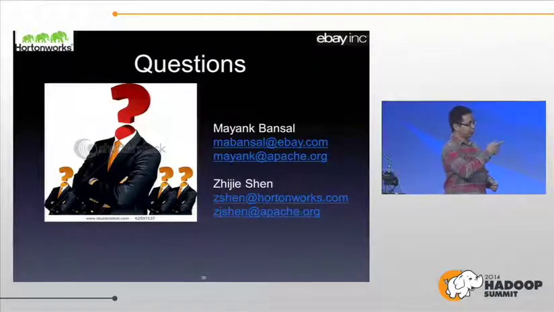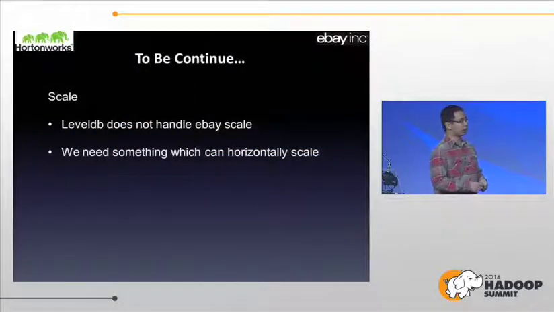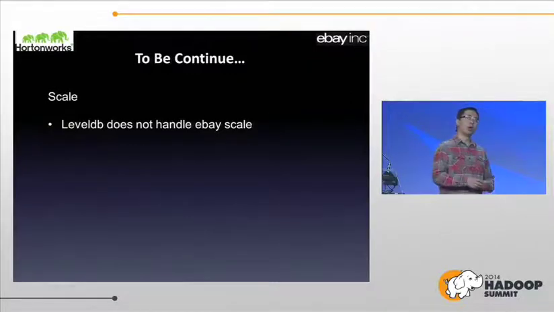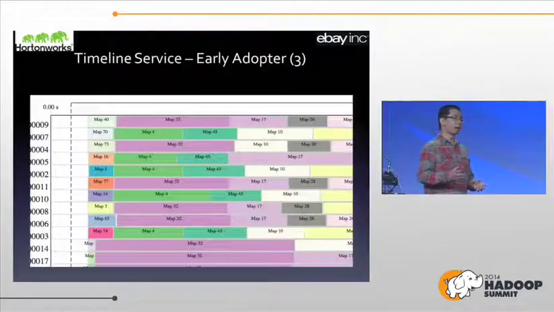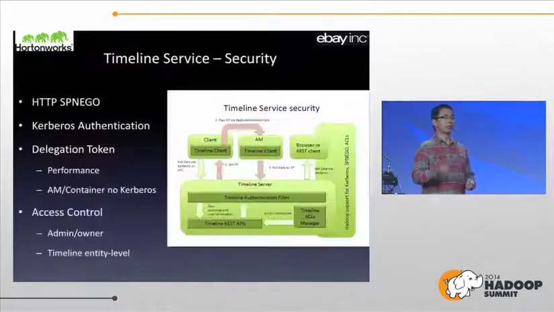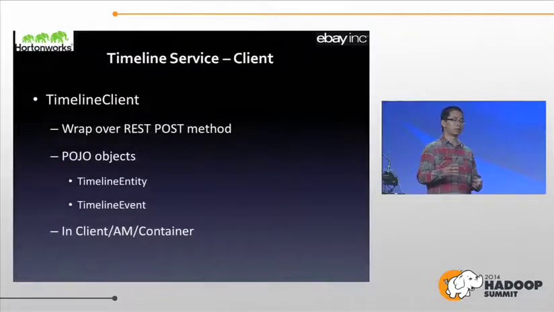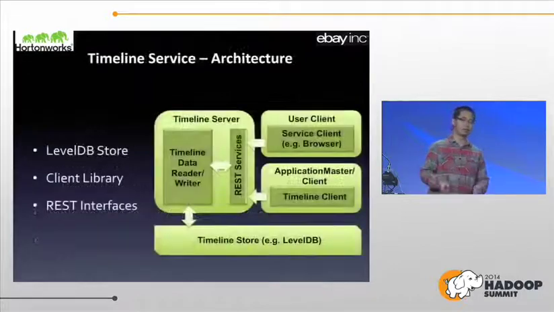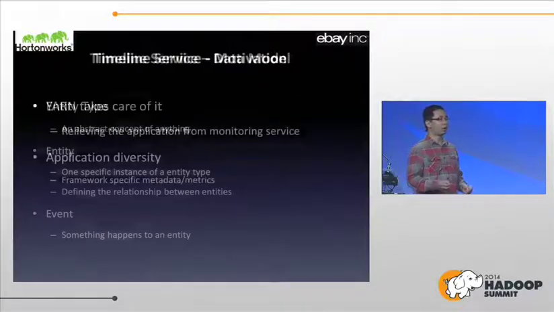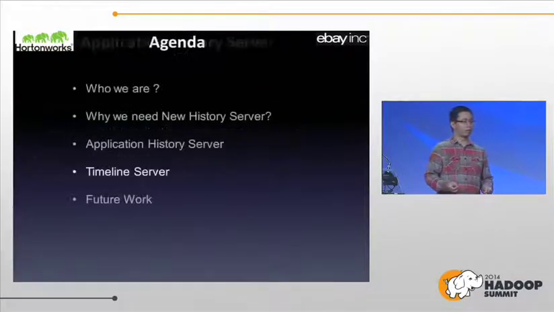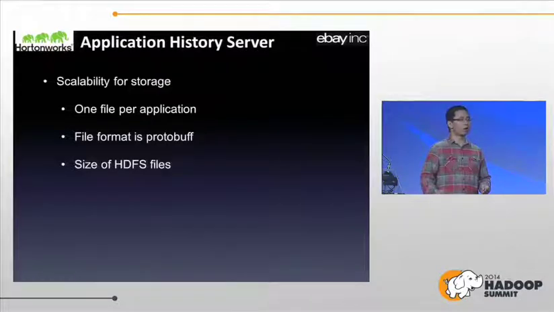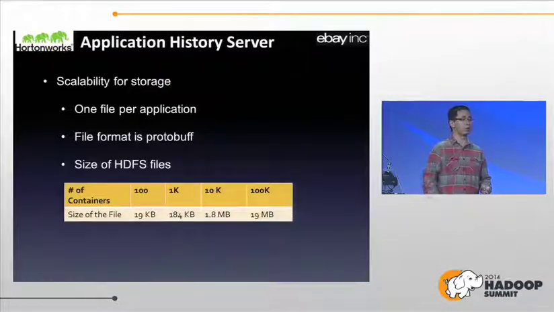Mac, would you mind going back to the slide where you showed some numbers about the files? I remember that if we assume a very big application that keeps opening containers and writing history data, it will only take maybe tens of megabytes to store the whole history.